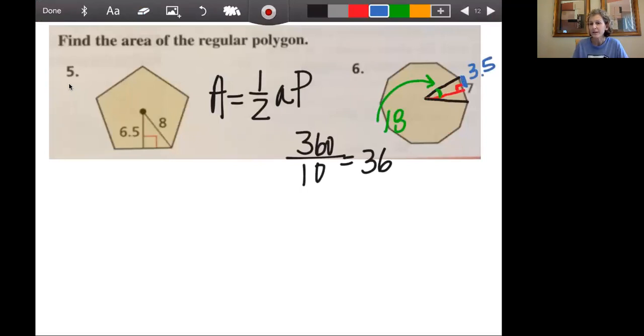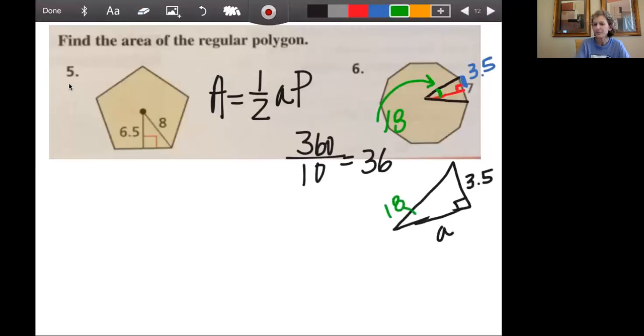Now, let me see if I can redraw this right triangle, right like that. Are you seeing that? Where this is 3.5. This is our apothem. Let's just call it A instead of X. We just found that this angle here is 18. So let's think this through. From 18, I know the opposite.